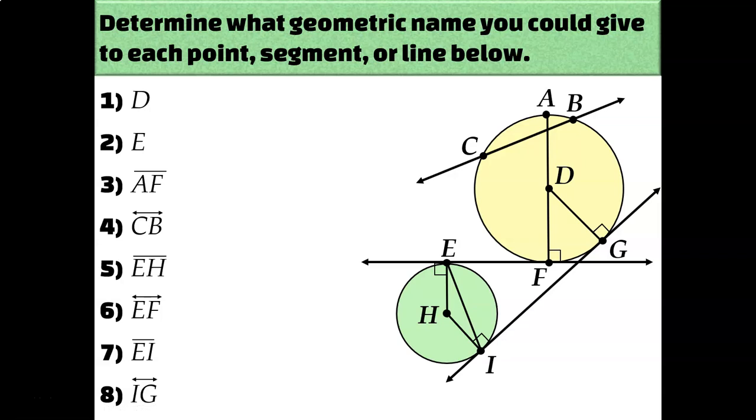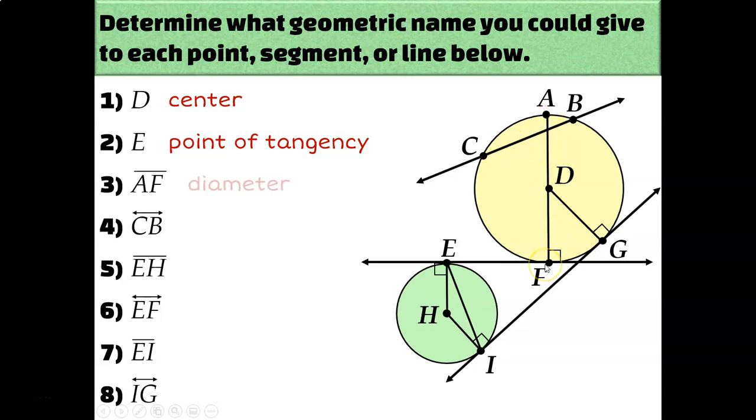In our next example, everything's already drawn for us. We just have to identify what it is. Like point D. Point D is the center of the circle. And point E is a point of tangency, because that's the point where tangent EF intersects radius EH. So we would call that a point of tangency.